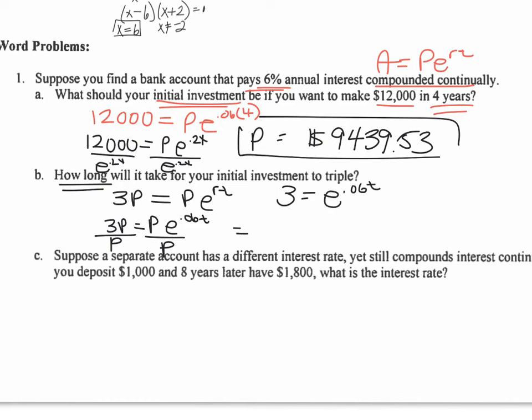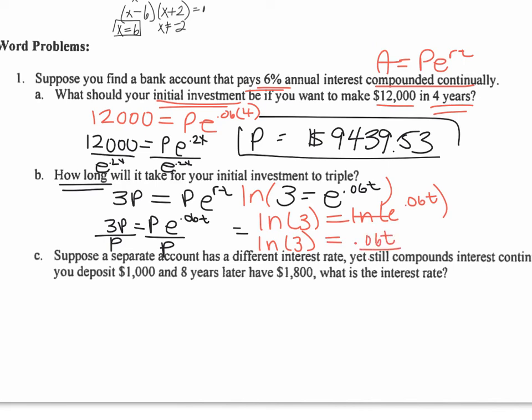To get t out of my exponent, I have to multiply by the inverse of its base. Its base is e, so I have to apply ln to both sides. So I have ln of 3 and ln of e to the 0.06t. ln and e cancel out, so I'm left with ln of 3 equals 0.06t.